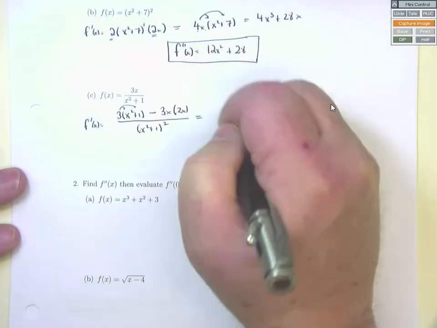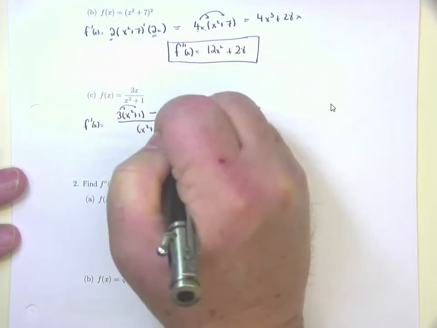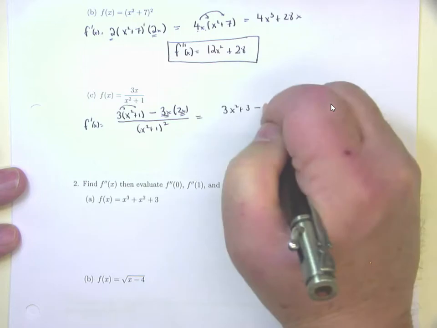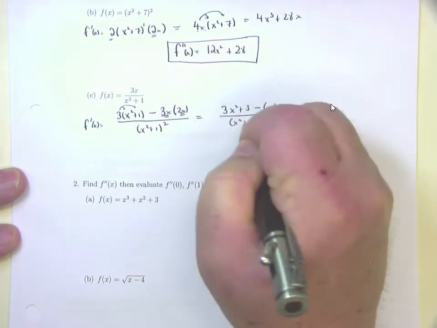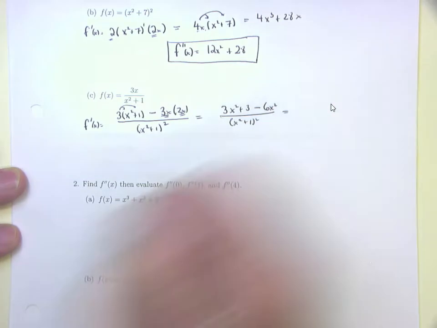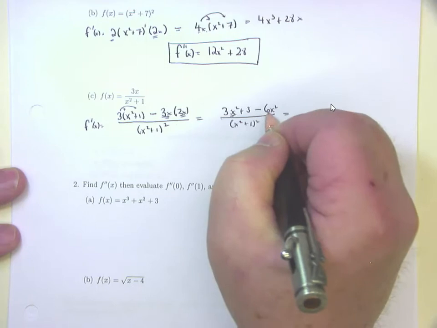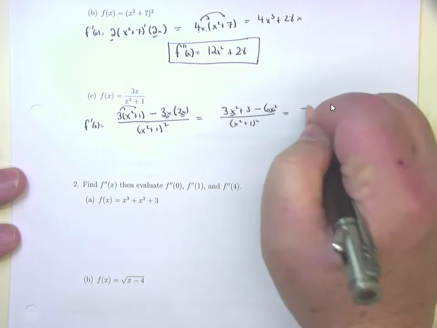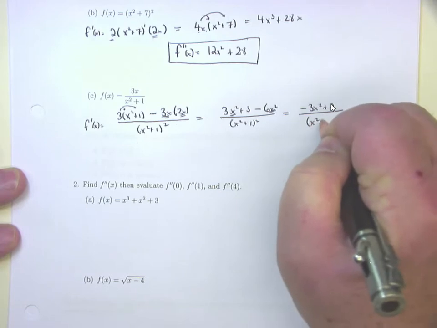That gives me 3x squared plus 3, minus, I'm going to multiply the 3x times the 2x and get a what? 6x squared, all over x squared plus 1 squared. And keep cleaning them up. Combine like terms. 3x squared minus 6x squared is negative 3x squared plus 3, over x squared plus 1 squared.